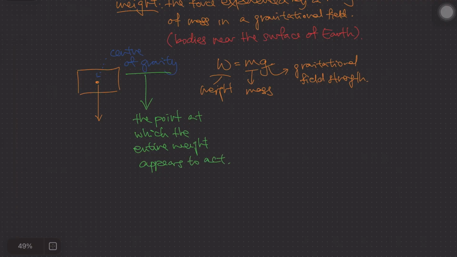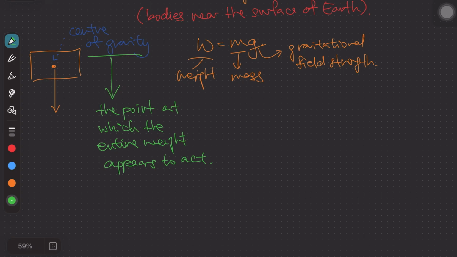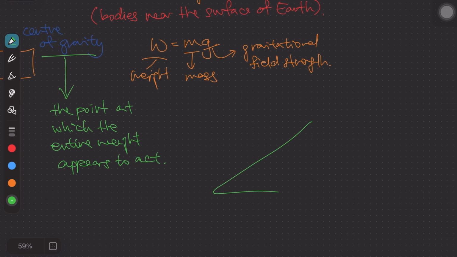So the weight appears to act entirely on just this one point. Let's give another example. Let's say we go back to our slope example. The CG will be here and it will still be pointing downwards vertically, and this is the weight.